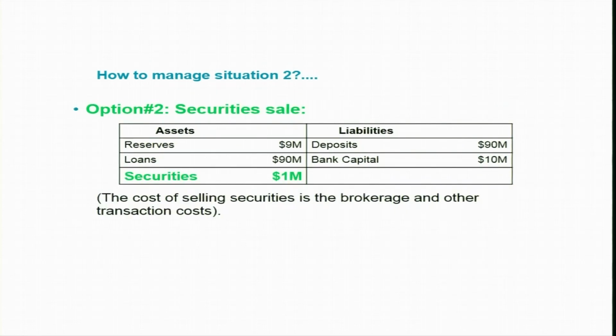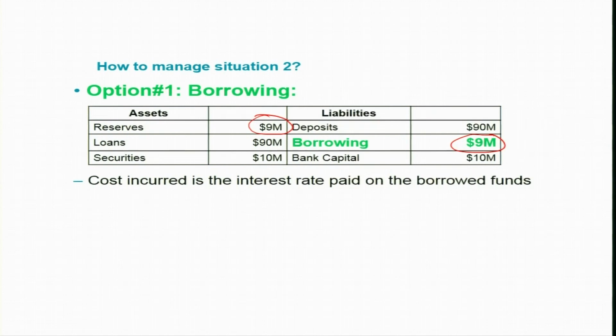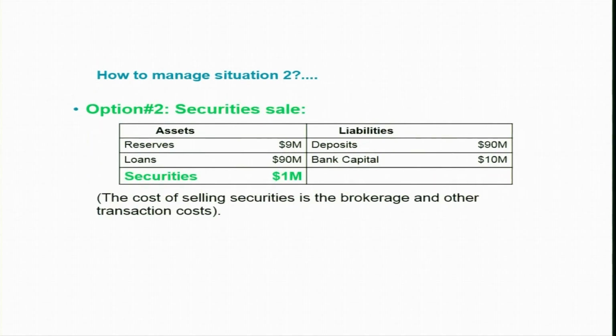Option number 2: look at these securities. They are keeping 9 million as securities, government bonds suppose, and they can sell them, get 9 million, and using that they can meet the reserve requirement.